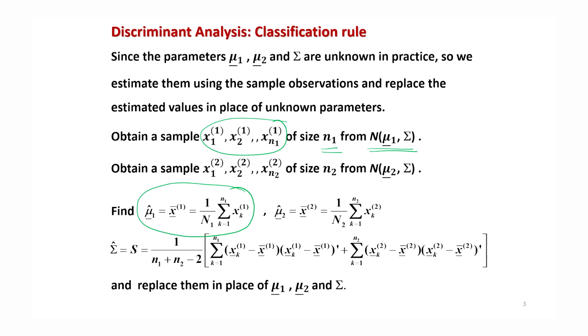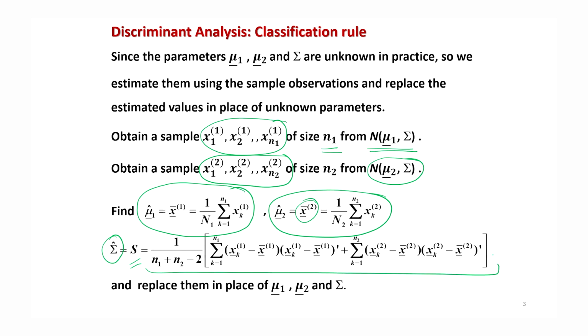Similarly, we obtain a second sample x1, x2, up to xn2 of size n2 from the normal population with mean vector mu2 and covariance matrix sigma, and estimate the population mean mu2 by the sample mean vector x bar 2. Then we obtain the estimator of the covariance matrix sigma, say S, which is given like this.